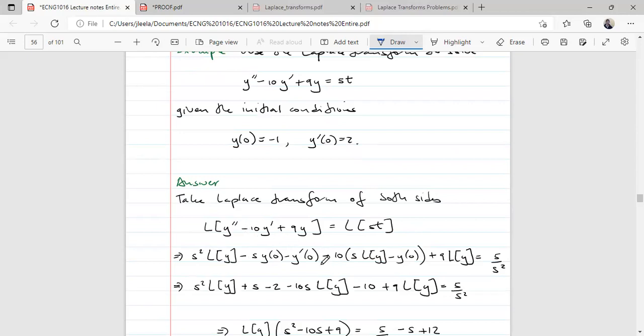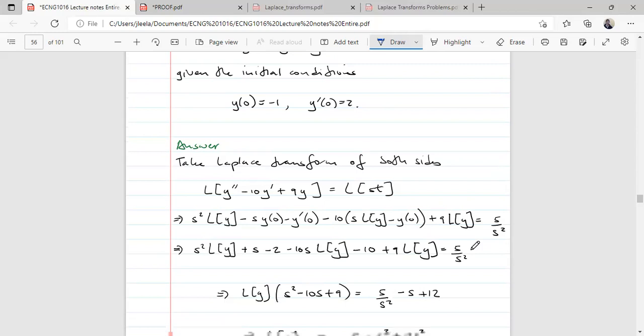And then this will be minus 10, and the Laplace of Y prime will be s Laplace of Y minus Y naught. You could put that in brackets, and then plus 9 the Laplace of Y, and the Laplace of 5t is 5 over s squared. You could pull out the 5, and you're taking the Laplace of t, and the Laplace of t is 1 over s squared, so it's 5 over s squared, right?